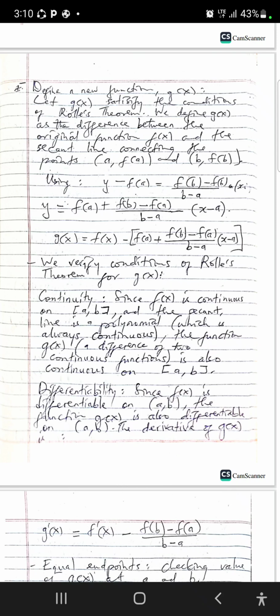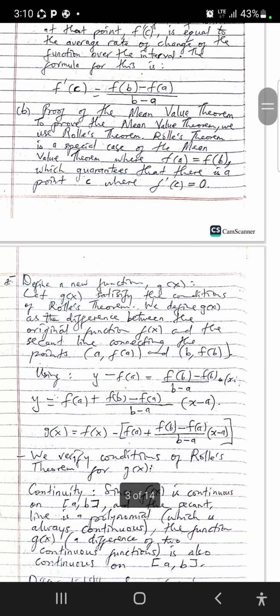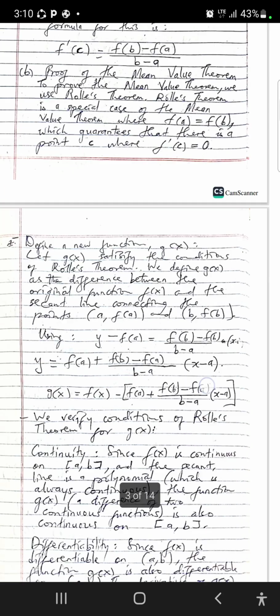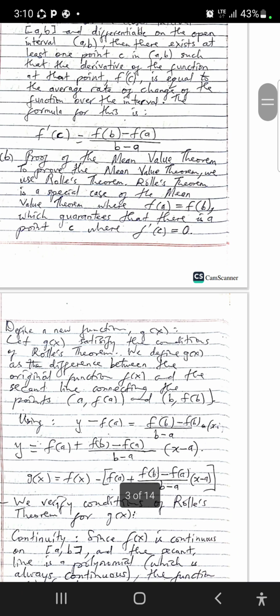Define a new function. So you have already got the function, which is f. Now consider a new function which we are calling g of x. Now let g of x satisfy the conditions of Rolle's theorem. What conditions does Rolle's theorem want? It wants f of b to be equal to f of a.